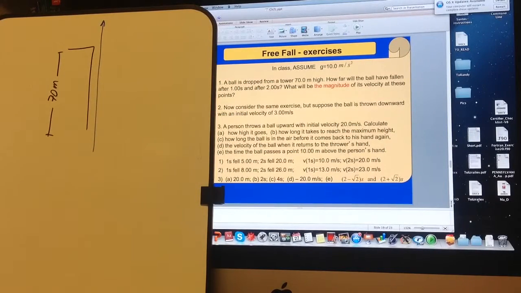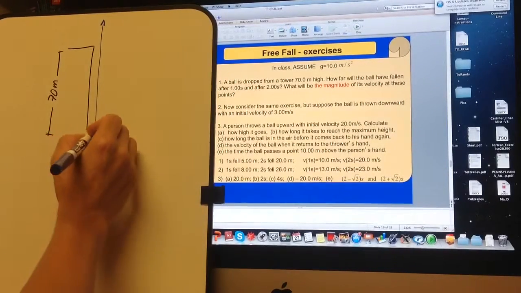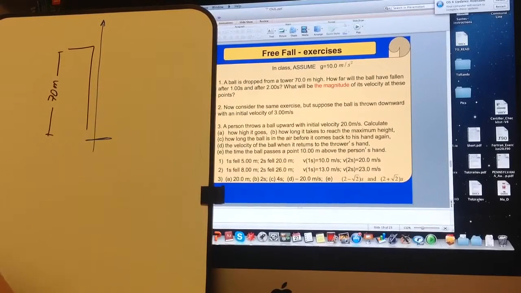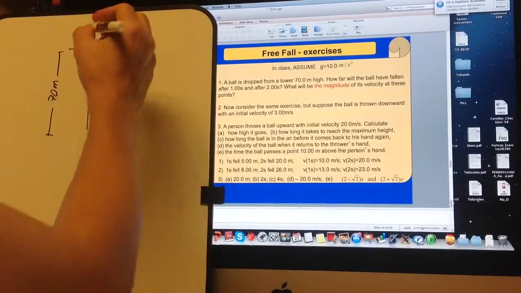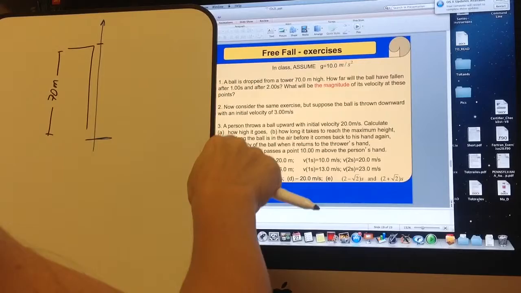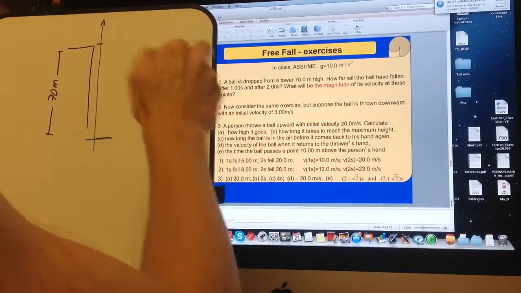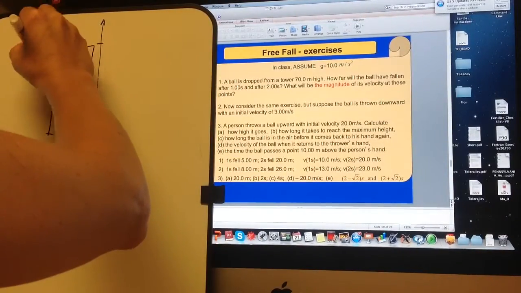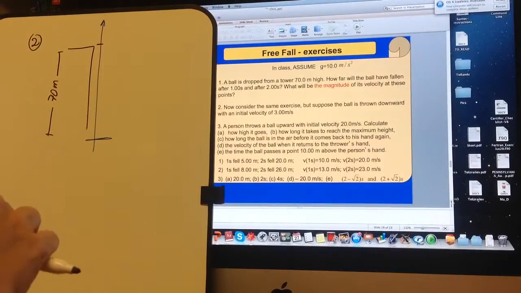I have to choose an origin again. Suppose you like to choose your origin, the floor. Okay, so this point here will be 0. What would we say about our initial position? So I'm solving now this problem 2, but with this reference frame.